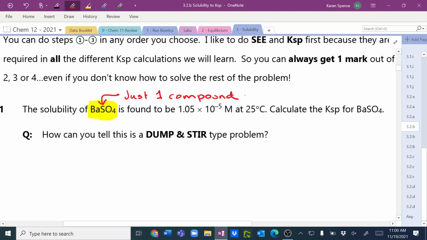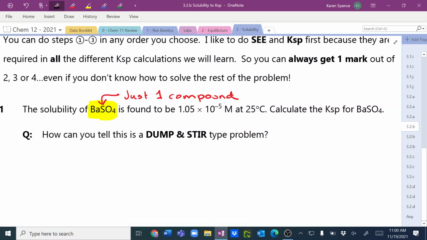You can't mix and match compounds if you only have 1 compound. Does that make sense? So we know this is dump and stir. You might be thinking, why do we care? It'll become more clear as we go through all the different problem types.